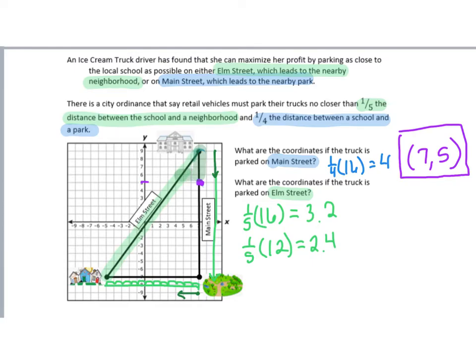Where is that going to put me? What I need to think about is, what were my original coordinates for the school? The original coordinates right here for the school are 7, 9.